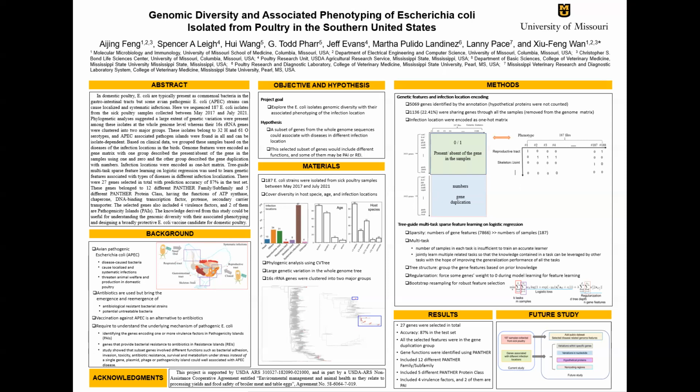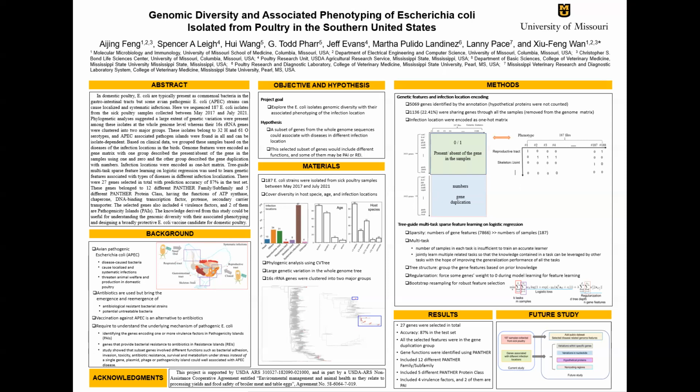Studies show that a subset of genes that involve different functions, instead of a single gene, plasmid, phage, or pathogenicity island, could associate with APEC disease. The project's goal in this study was to explore the E. coli isolates' genomic diversity with their associated phenotyping of the infection locations.